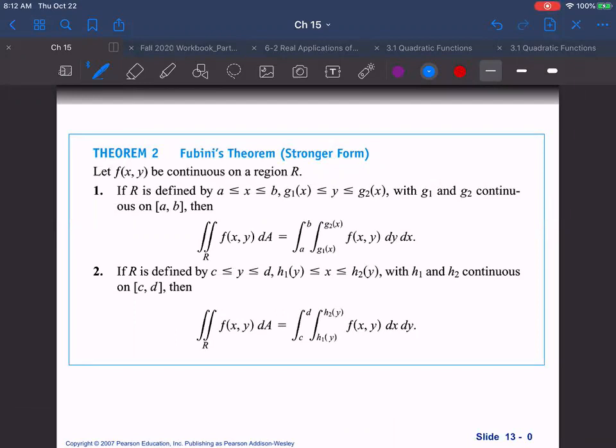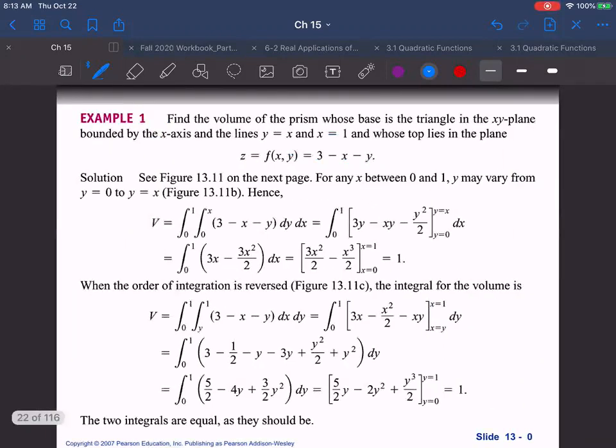And conversely, if we bound y by constants and we bound x by two functions of y, then we can do this version down here, where we're integrating x over functions of y, and then integrating over y. All right, so let's go through this first example here.